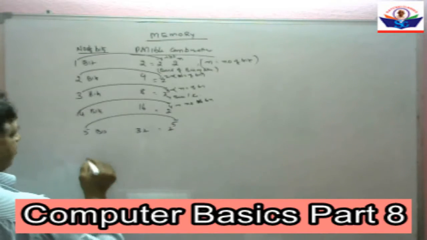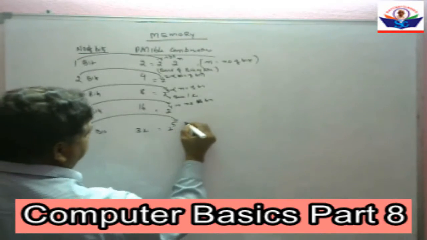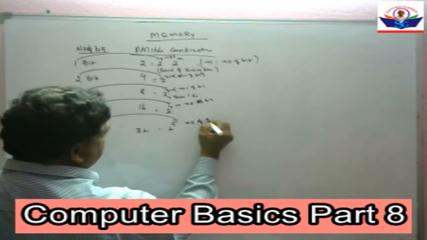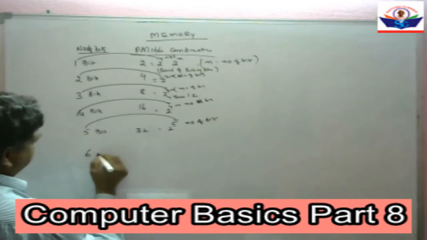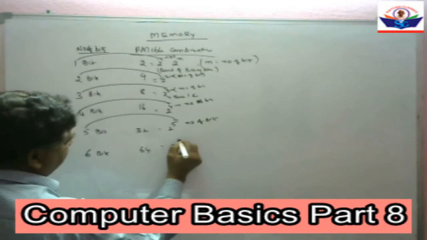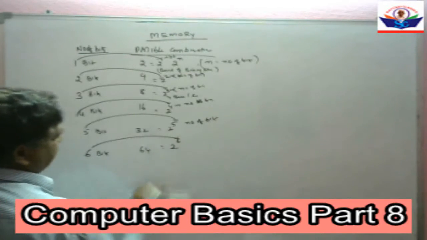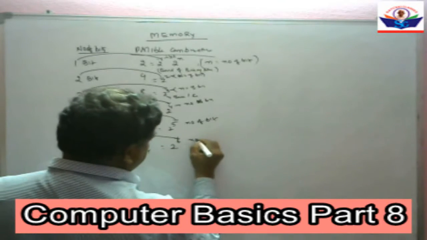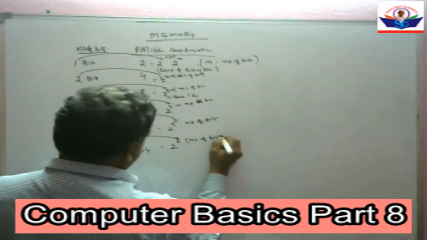Okay. Now 5 is the number of bits. With 6 bits, 64. How is it coming? 2 to the power of 6. 6 is the number of bits.